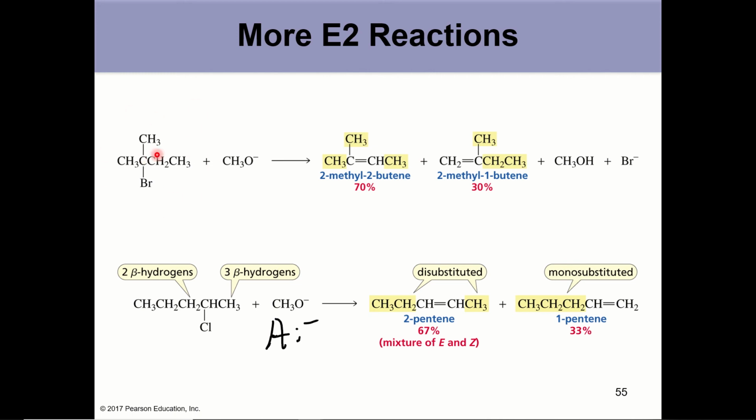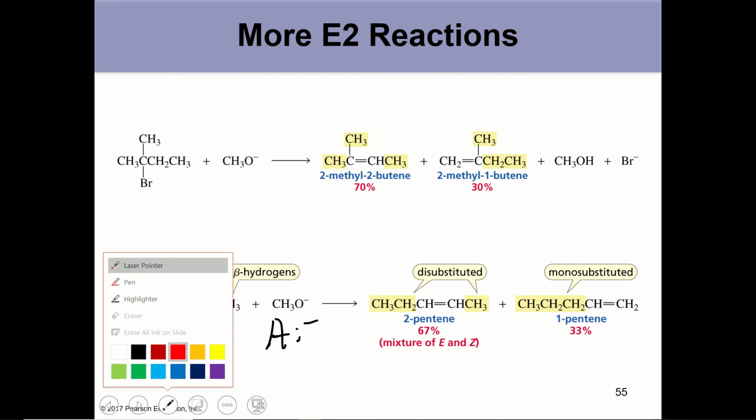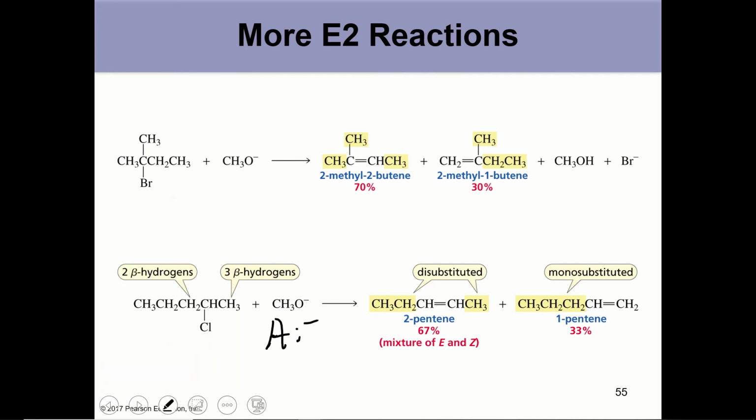All right, more E2 reactions to look at. We have this tertiary alkyl halide, and we have 3 beta carbons. Let's highlight our beta carbons.